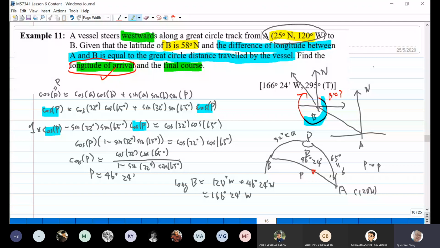The ship goes from A to B and continues, toward the North Pole. So the final course is actually this angle from the North Pole continuing.